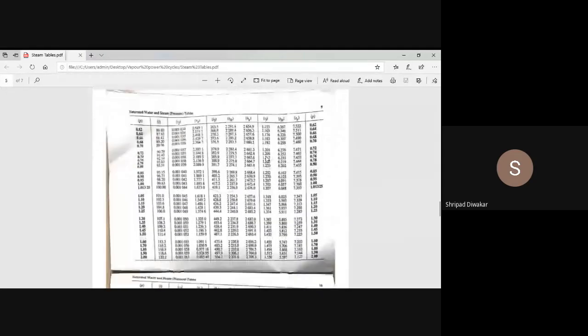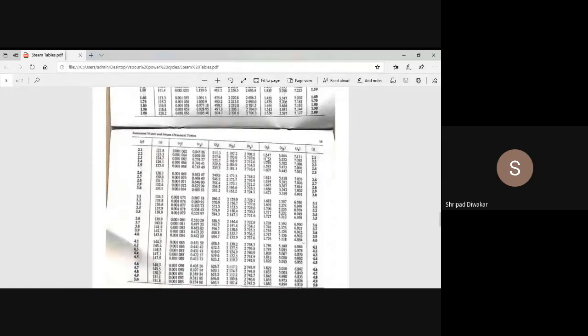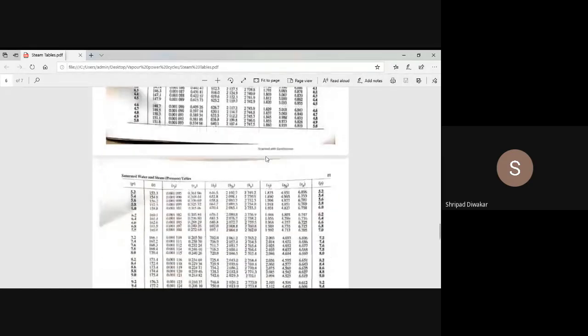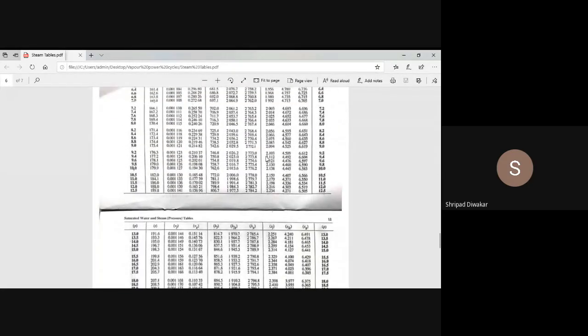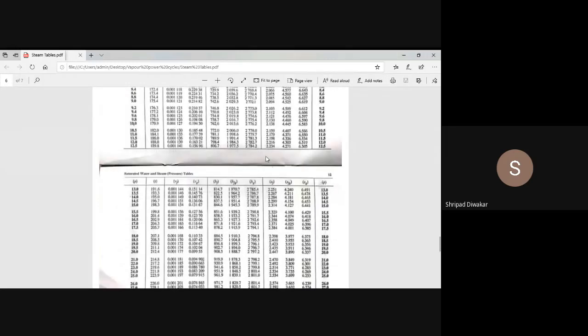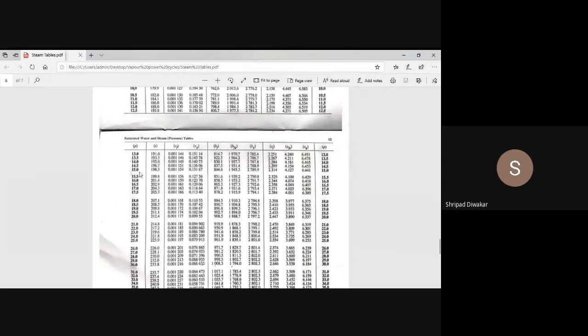Scroll down. Okay, where is the 15 bar? 15 bar is here. Okay, so this is the 15 bar. Here we have 15 bar pressure. Immediately the first one is the temperature corresponding to 15 bar, which is 198.3.